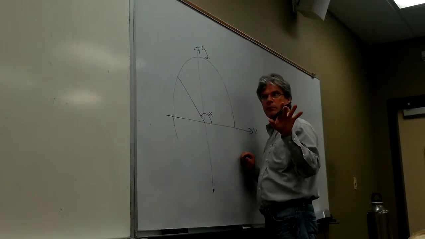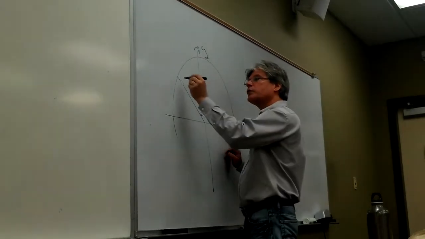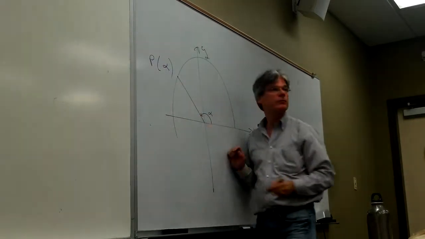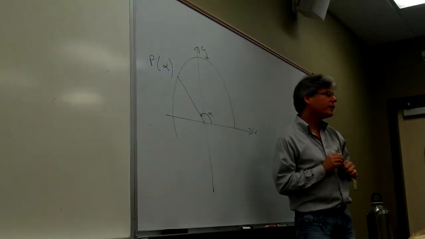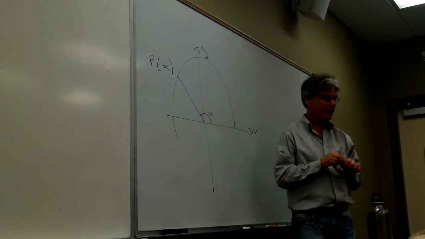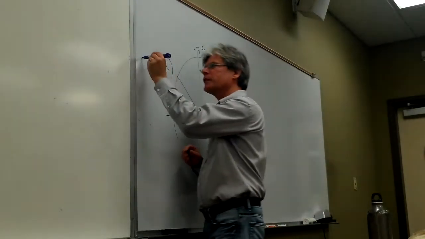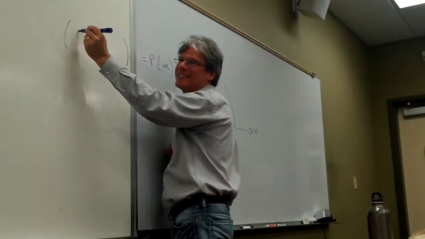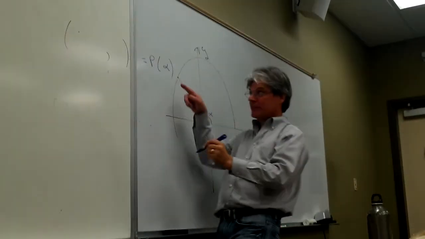Just be honest with me. Is it okay if I interpret this point right here as being the point on the circle associated with alpha radians? Okay, now don't you stall. What are its coordinates? How do we know? You do know. Cosine alpha?